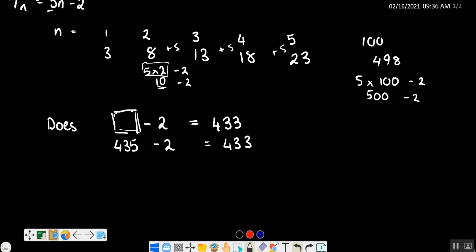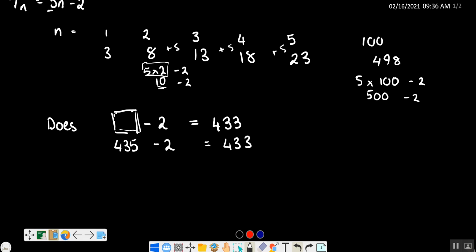Now, there is a method for saying that. Do we know what that method is? Georgie, are you with me? Do you know how to show that 435 subtract 2 is 433? What would you do? How could I know that it's 435, if I'm only at that stage, the box subtract 2? Any ideas mathematically how we could? Go up by 2.